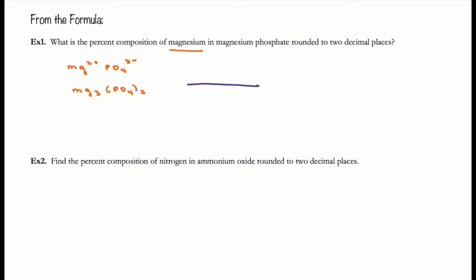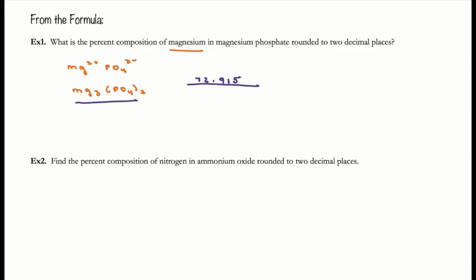The molar mass of magnesium is 24.305. However, I have 3 magnesium, so I'm going to multiply that value by 3. And so the molar mass of magnesium in magnesium phosphate that I get, and I'm not going to round at all, I'm just going to put what's given, is 72.915. Then I need to find the total molar mass of this compound.